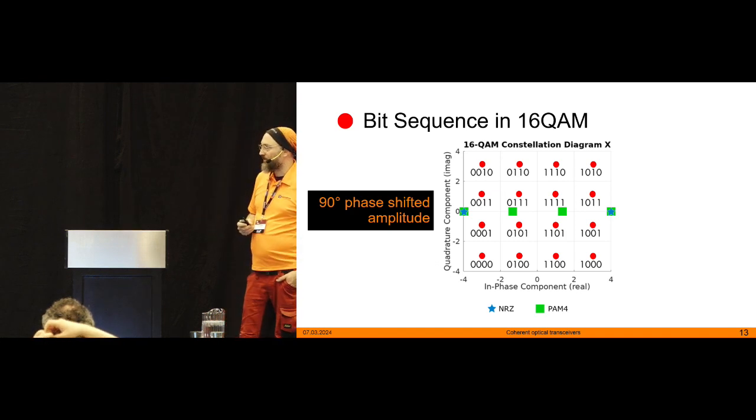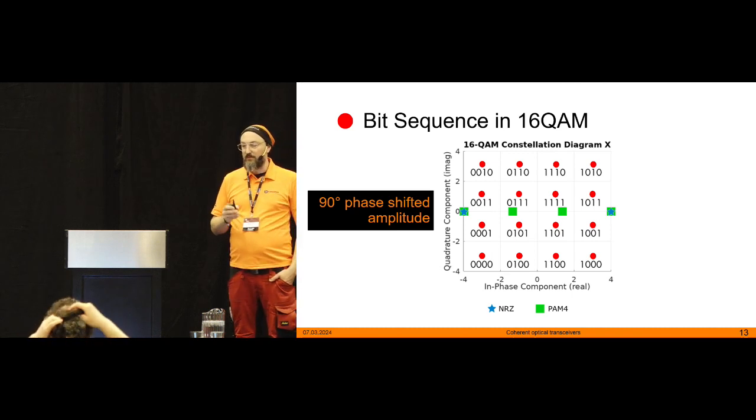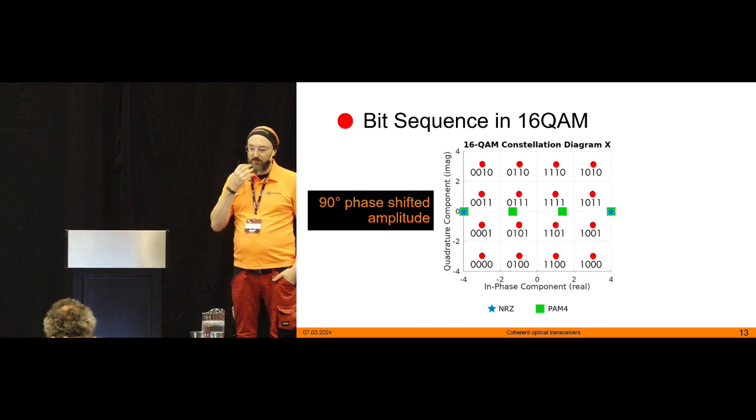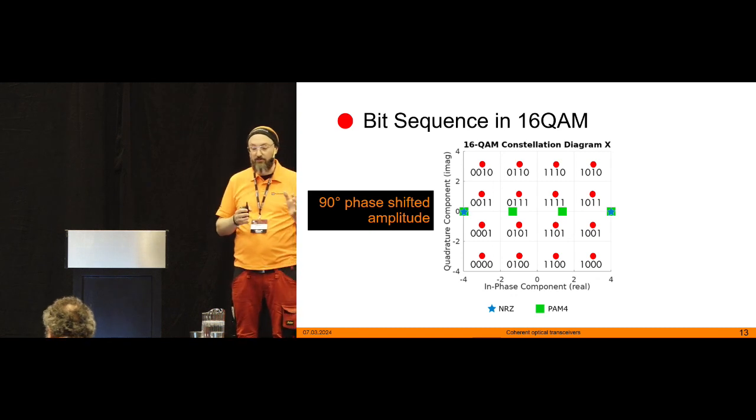These are the 2 stars. They are all in phase. Now in QAM, we have those 16 dots representing 4 bits for a symbol. And how is it done? We shift the amplitude by 90 degrees. Or the phase, sorry. The phase is shifted by 90 degrees.